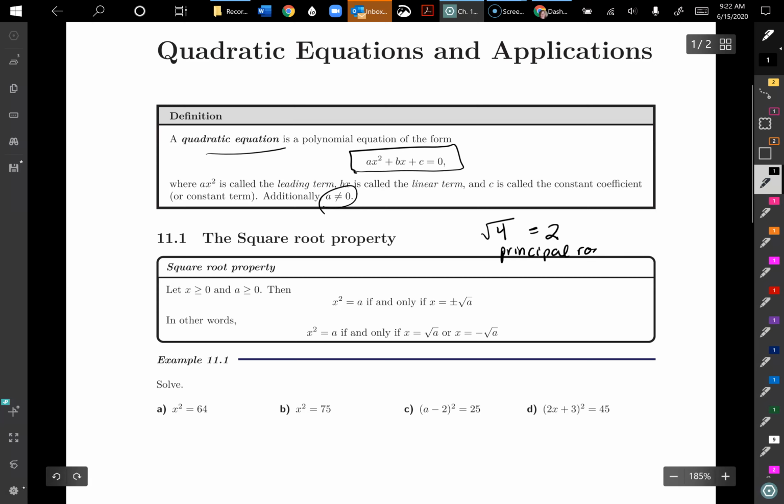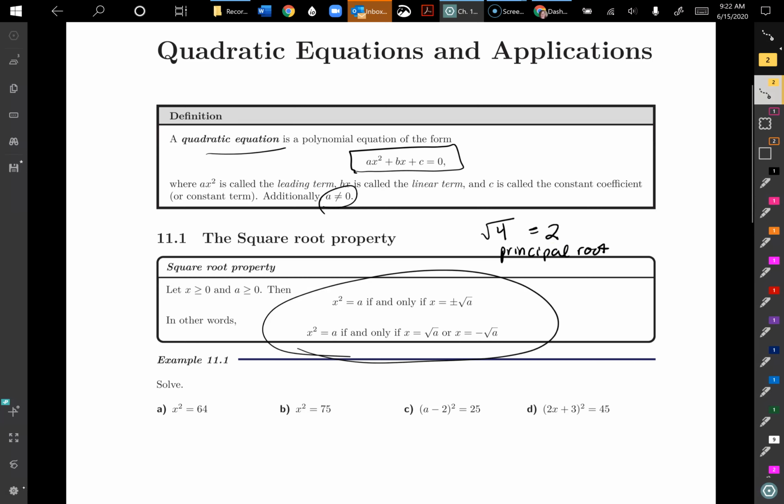So if we have a situation where we're starting with something as x squared, though, it's a little bit different because we do have 2 different possibilities. So people get kind of confused with that. Sometimes they want to make this have a plus or minus, but it wouldn't be. It would just be the square root of 4 is 2. But here we have a square on a variable, so that's a different situation.